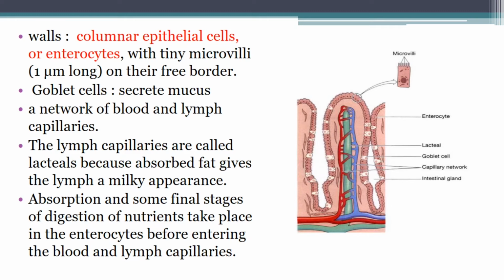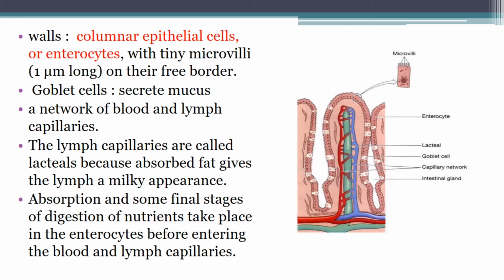Also it has the goblet cells, and the main function of the goblet cells is to secrete mucus into the intestine. There is a network of blood and lymph capillaries. The lymph capillaries are called the lacteals because the absorbed fat gives the lymph a milky appearance.